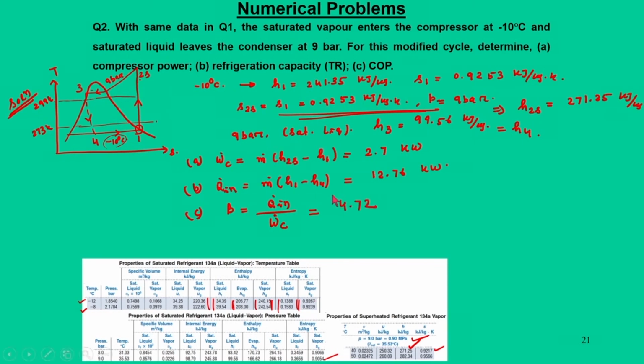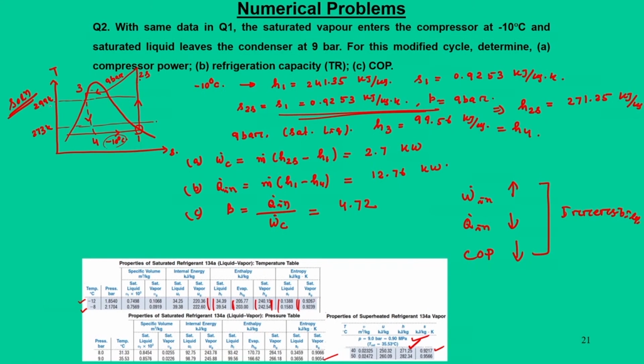So, we can see that due to this irreversibility, when you compare with question 1, the compressor load increases, Q dot in drops, COP drops. This is due to irreversibility. Now, what is this irreversibility here?